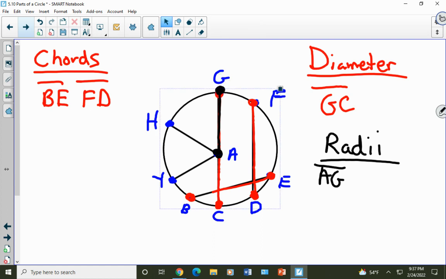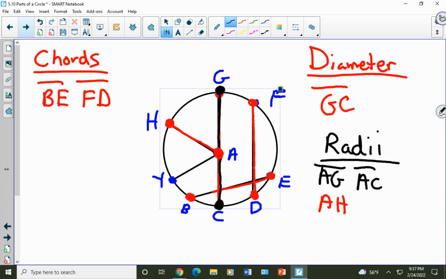Okay, AC goes to a point on the circle from the center. It's also a radius. Right? There's two more. So hopefully you're catching on to this. The next one would be AH. That's a radius.